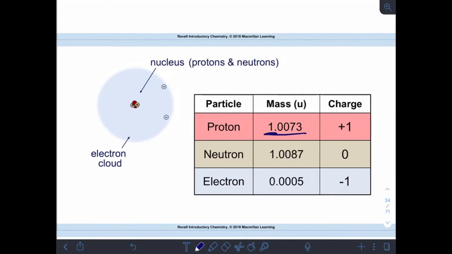But a proton has approximately 1 mass unit, and a neutron has approximately 1 mass unit. So if I have a nucleus that has 1 proton and 1 neutron, that atom is going to be very close to 2 mass units. Okay? Because the electrons are super, super light, very, very small.